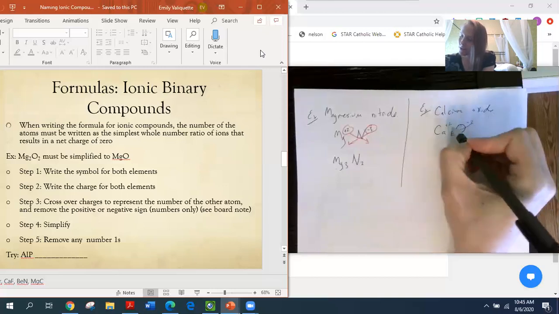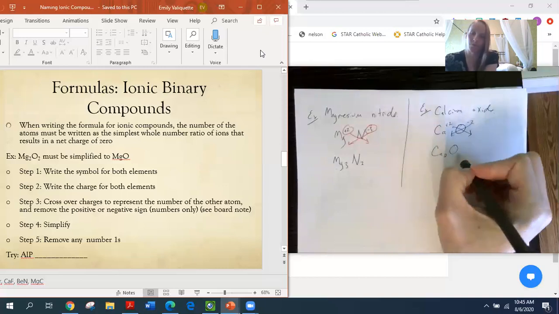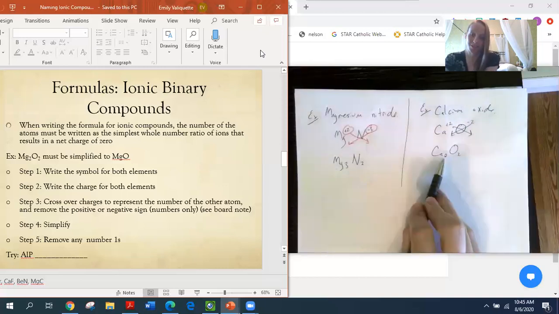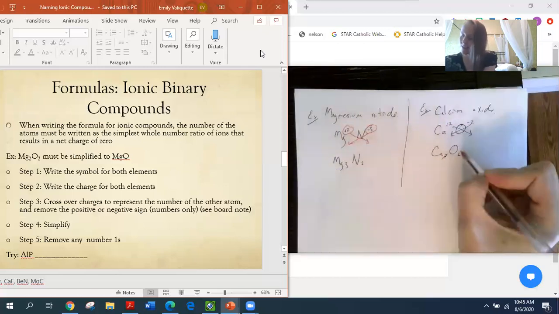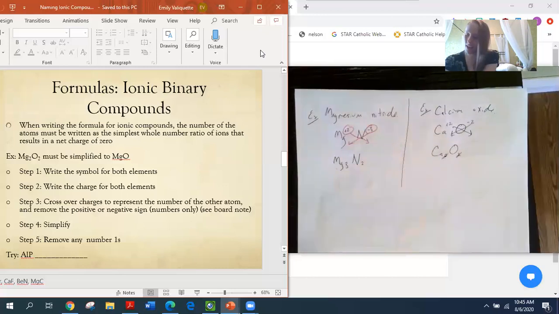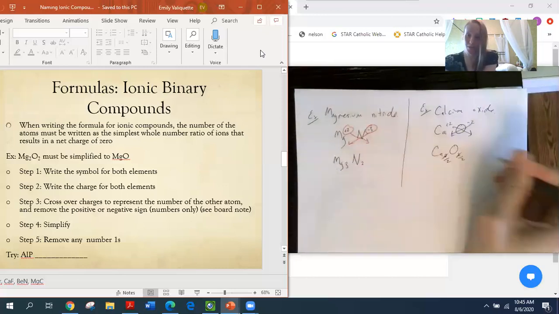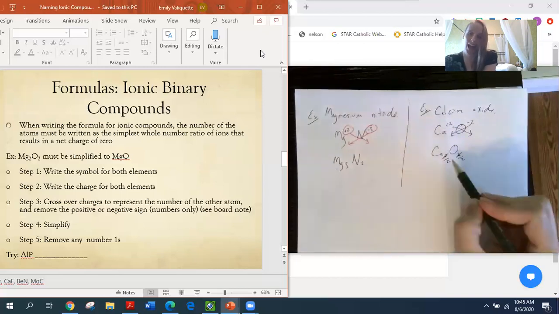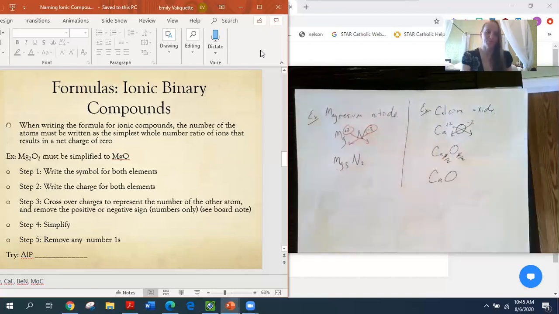When we cross those charges, we end up with Ca2O2. Now, 2 and 2 are obviously the same as each other, so they can just cancel out. Another way of thinking of that is that we divide them both by 2, which would leave us with 1s, and we don't bother writing in any 1s. So our final answer would be CaO.